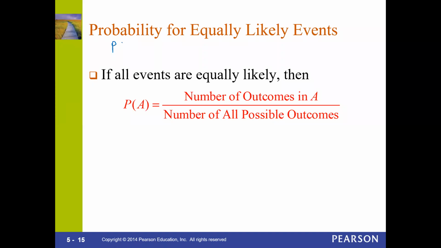We did say that it was going to be 1/4. The probability of A is the number of ways A can occur or can happen.